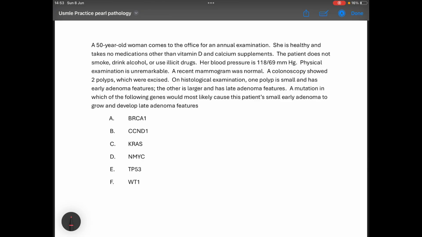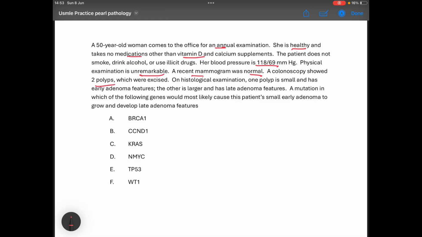Our next question is: a 50-year-old woman comes to the office for an annual examination. She's healthy, taking no medication other than vitamin D and calcium supplements. The patient does not smoke, drink alcohol, or use illicit drugs. Her blood pressure is 180/69. Physical examination is unremarkable. Recent mammogram was normal.